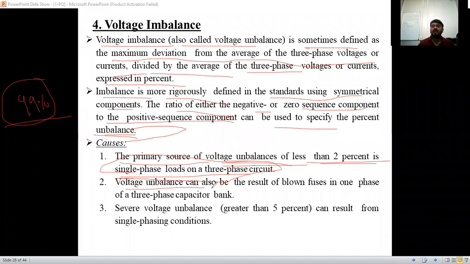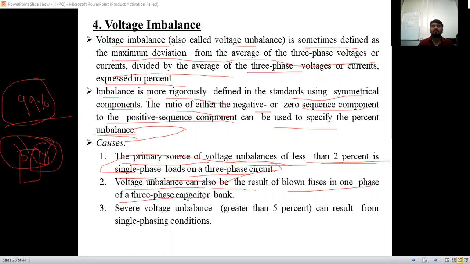Voltage unbalance can also result from blown fuses in one phase of the circuit. The transformer also has fuses, duals and all. If one fuse is blown out, the other 2 phases give the supply while the other one does not, so voltage unbalance will be there.